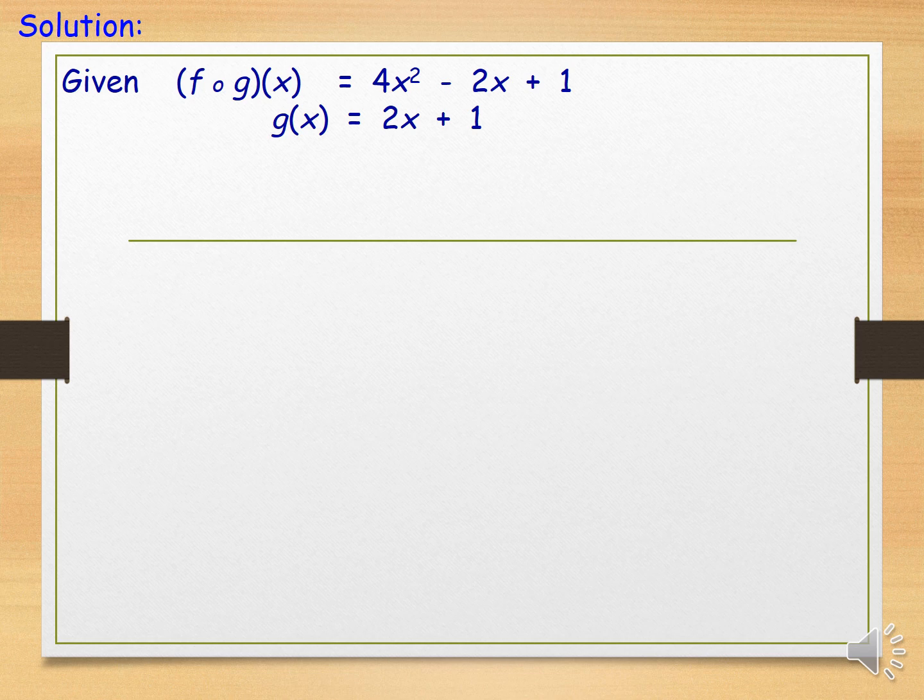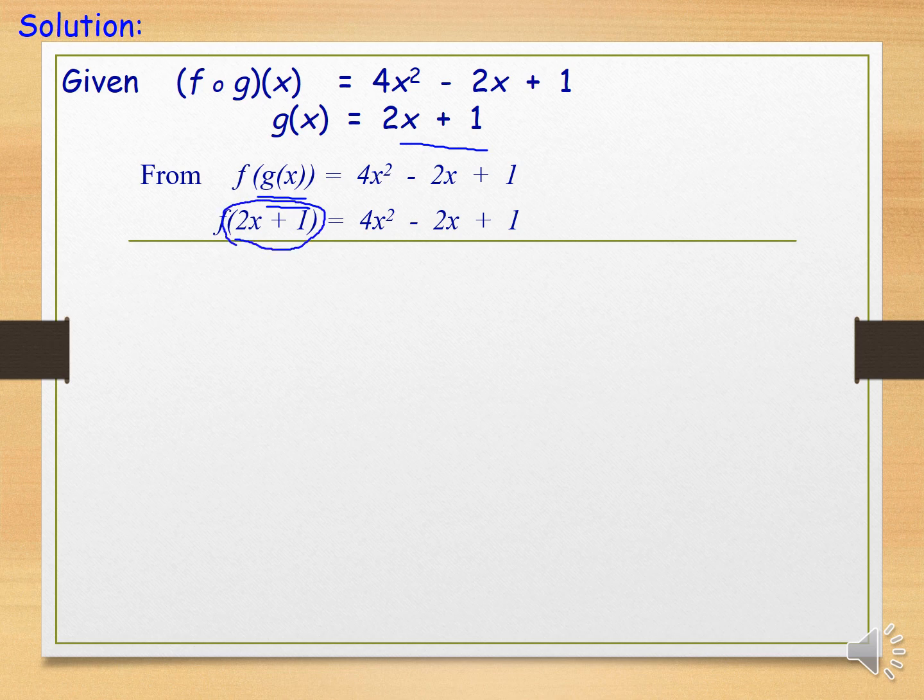Given f composite g(x) equals 4x squared minus 2x plus 1 and g(x) equals 2x plus 1. Therefore, we get f(2x plus 1) equals 4x squared minus 2x plus 1.